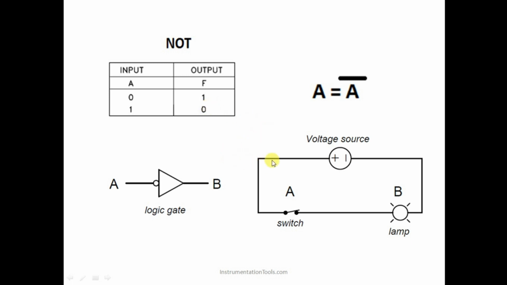Okay, so now how to observe this? So initially, see, the switch is not active, this switch is not active. So basically what we have done is, it is in NC condition, or we can say it is normally closed. Initially it is closed, that means we are not activating the switch. That is in 0 condition, the output is in high state.